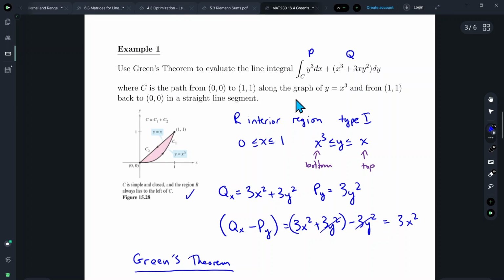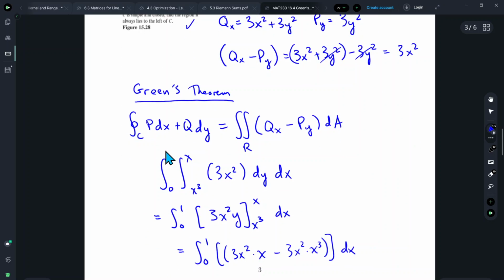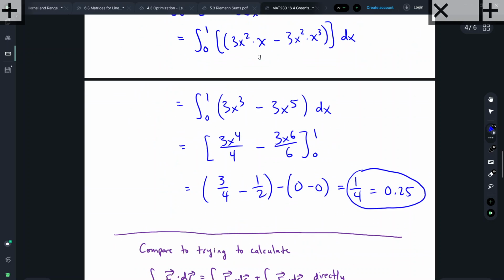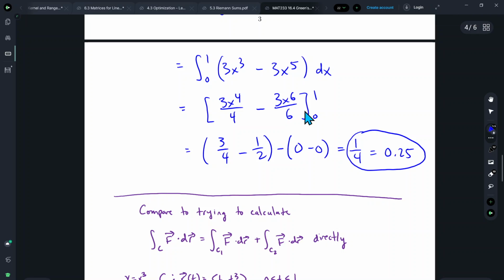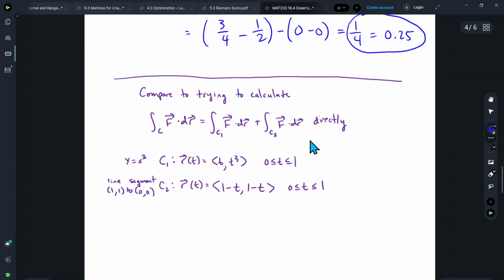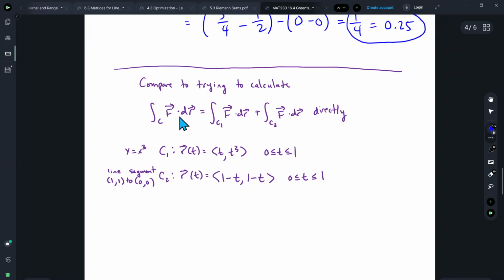However, technically, you don't have to use Green's theorem, so it's possible to calculate this line integral directly. However, you have to parameterize the two curves C1 and C2 and calculate it as two separate line integrals. So below the calculation that we did here, I've given a brief description of how to calculate the line integral directly, right?